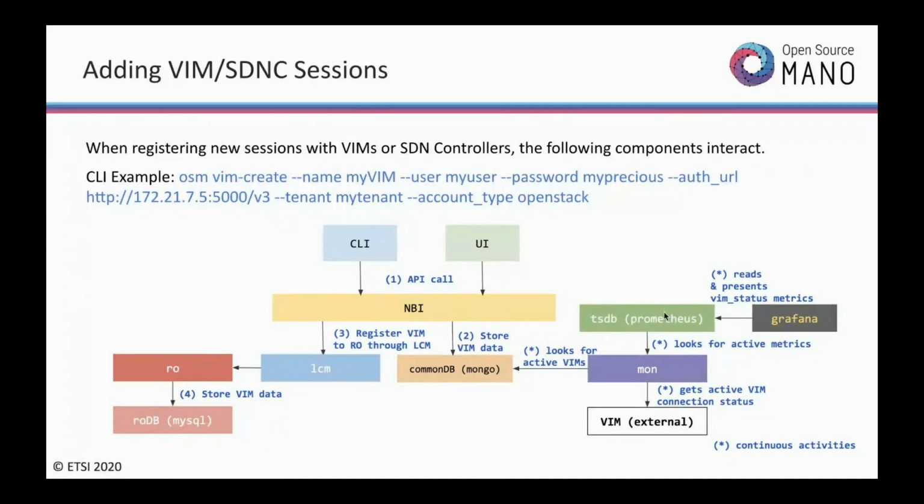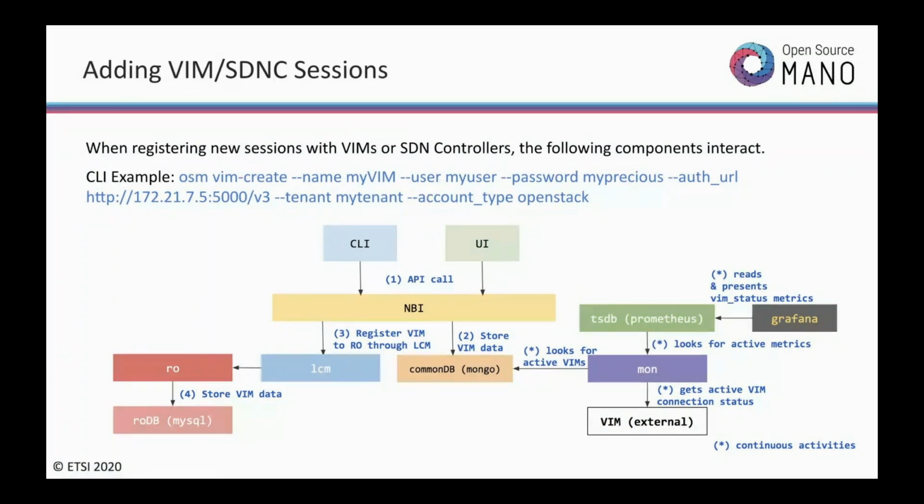I put Grafana here because by default in the Docker Swarm installation, we have automated a dashboard that shows the VIM list and the status. In the Kubernetes installation, we don't have that yet, but towards the next point release, probably, we will have everything unified.